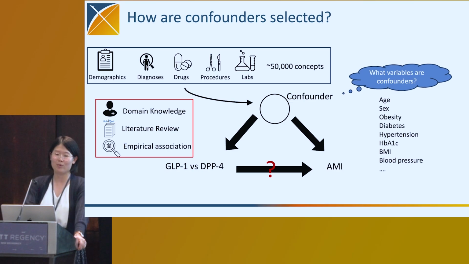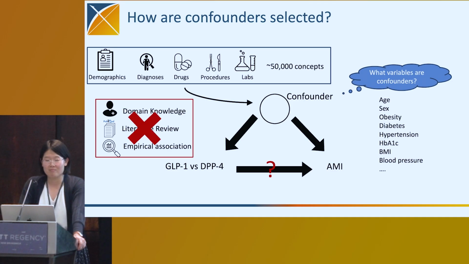So if you rely on empirical association in your own data, that would not generalize to their data. So overall, this is not a very good approach. I should have put the cross earlier. The red block doesn't mean highlighting these. It actually means don't do it.